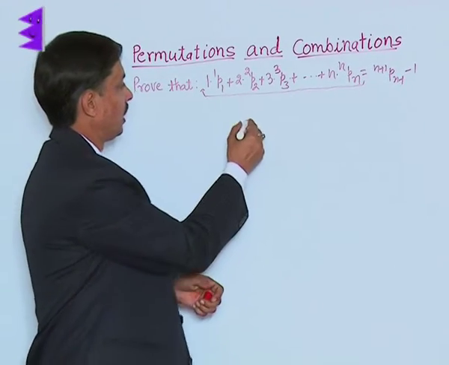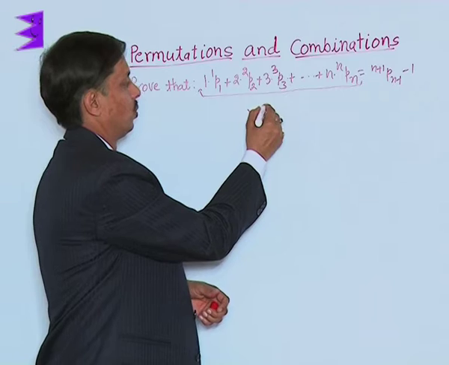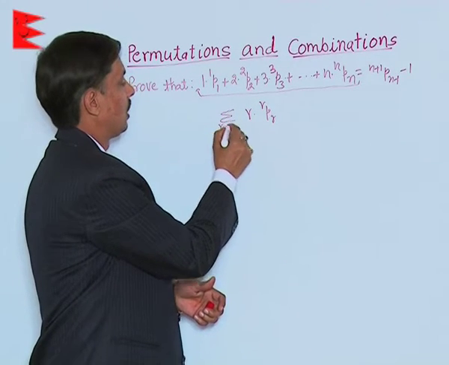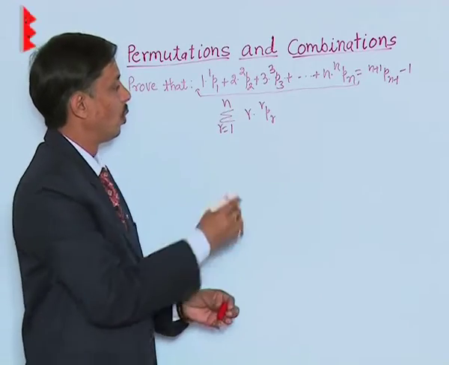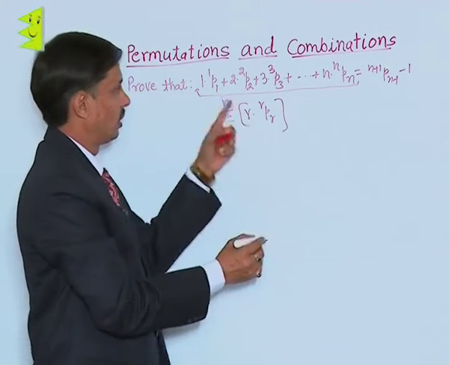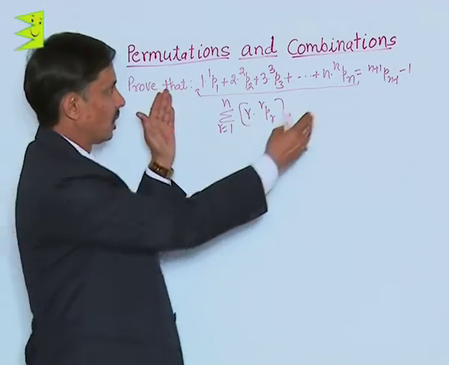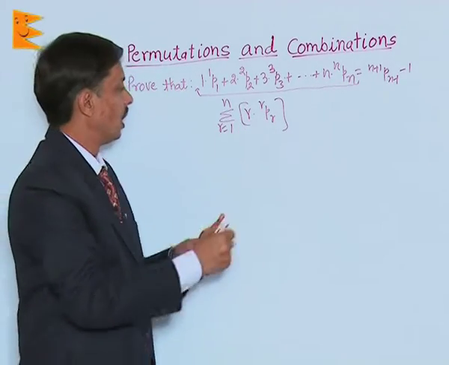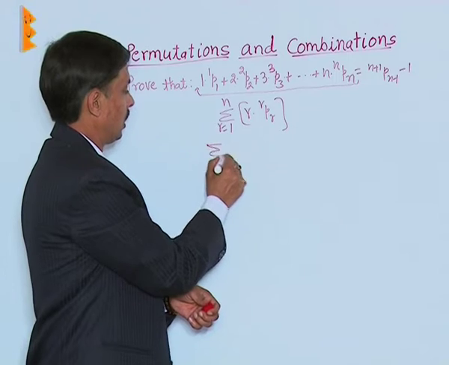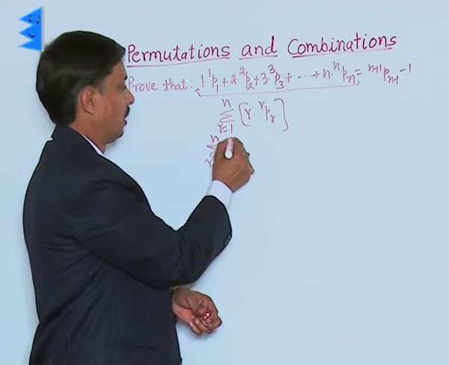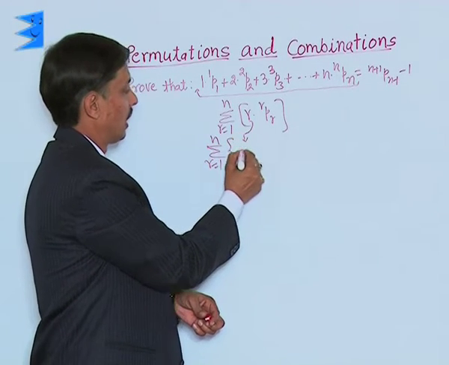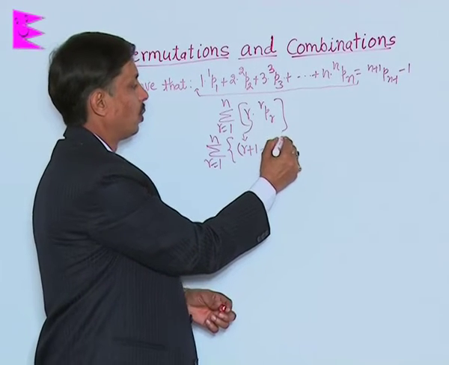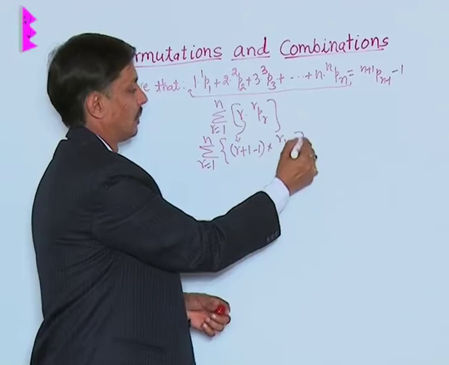So we can write it as r into rPr, and the value of r starts from 1 and goes till n. So this is the compact form of the LHS, where r goes from 1 to n. This small r can also be written as (r plus 1 minus 1) into rPr.